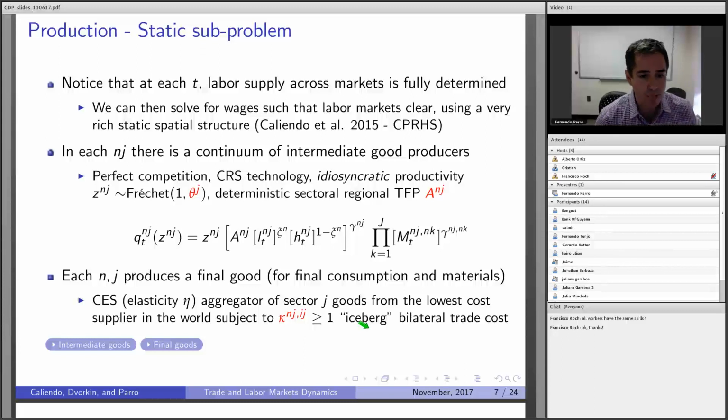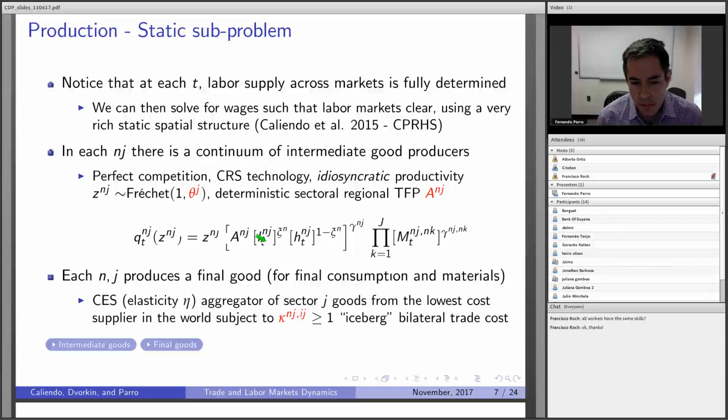Production is with perfect competition and constant returns to scale, with an idiosyncratic productivity Z that, as in Eaton and Kortum, is a draw from a Fréchet distribution with shape parameter theta, which is going to be interpreted as the trade cost elasticity, and with deterministic sectoral regional TFP A. So this equation shows the production function of goods in labor market NJ.